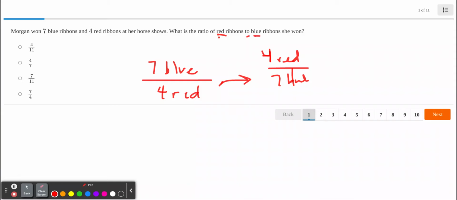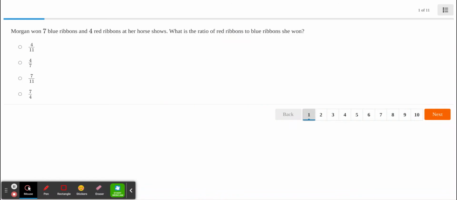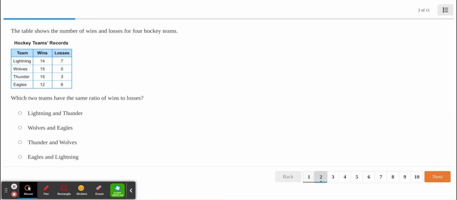My fraction line or my 2 dots would show the ratio. And then the blue number would go second. So it should be 4 over 7 or 4/7. So this right here would be our answer. It would be this guy right here. And we would move on to the next one.